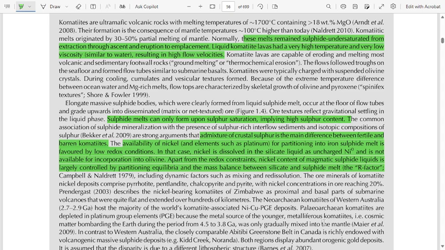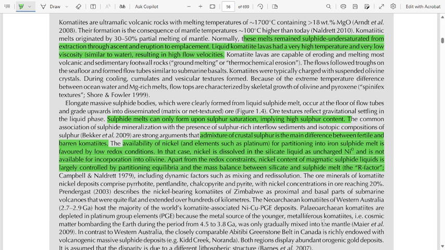The ore minerals of komatiite nickel deposits comprise pyrrhotite, pentlandite, chalcopyrite, and pyrite, with nickel concentrations in ore reaching 20%. Prendergast describes the nickel-bearing komatiites of Zimbabwe as proximal and basal parts of submarine volcanoes that were quite flat and extended over hundreds of kilometers.